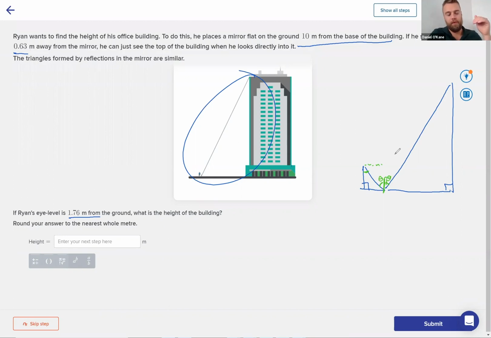That's a property of when you look into a mirror, it's how light works, okay? So as light travels from the mirror to your eyes as you look into that mirror, when you reflect through a mirror, you've got that same angle coming the other side with the light rays, okay?